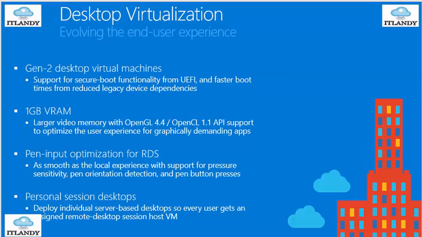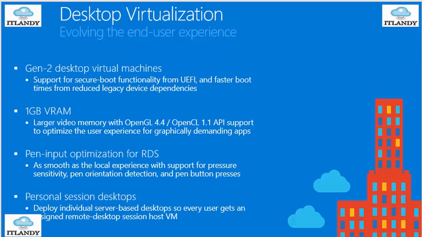A quick recap: evolving the end user experience around desktop virtualization. Generation 2 virtual machines: support for secure boot functionality from UEFI and faster boot time from reduced legacy device dependency. 1 GB virtual RAM, larger video memory with OpenGL 4.4 and OpenCL 1.1 API support to optimize the user experience for graphically demanding apps.